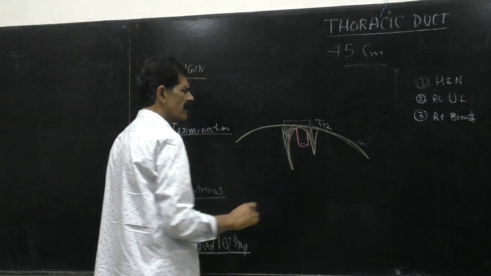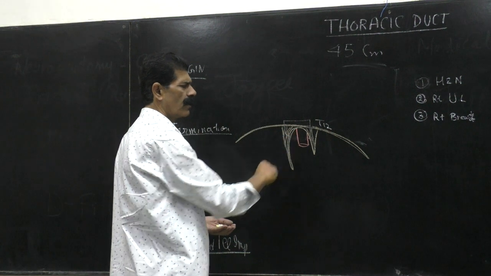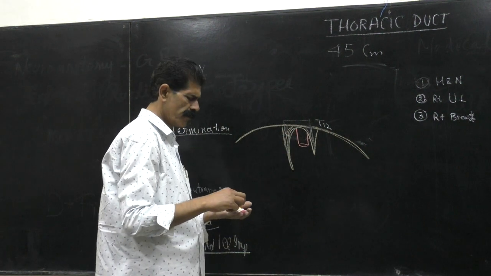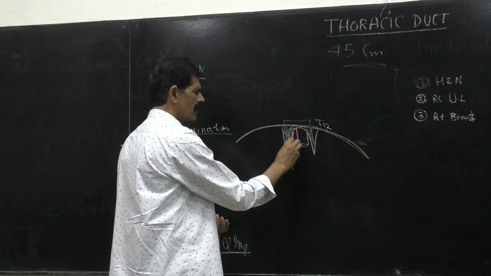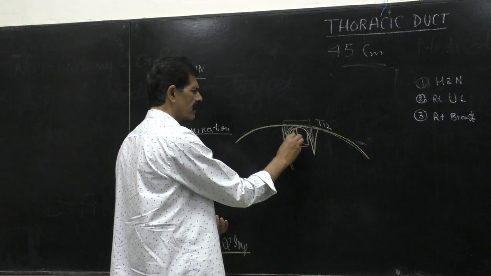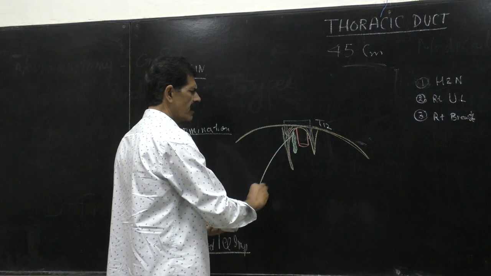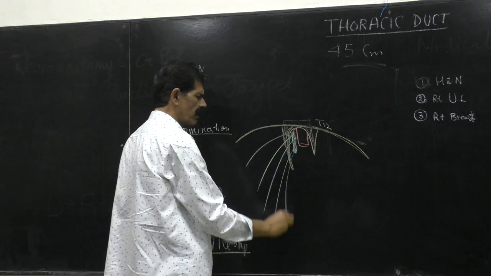Just to the right side of this median arcuate ligament or the aortic opening in the diaphragm, there is an irregular sac. This irregular sac is nothing but the confluence of the lymphatics of the abdomen.